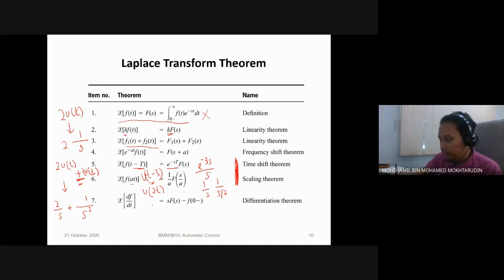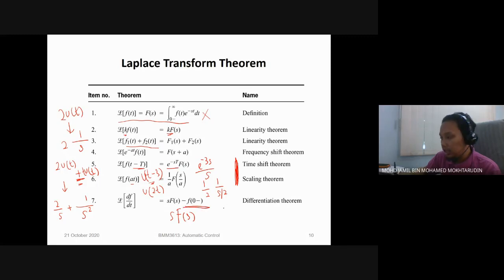And then the differentiation theorem. If you have df dt, then in the frequency domain it becomes s times F. So f becomes F and is multiplied with s, and this is the initial condition.